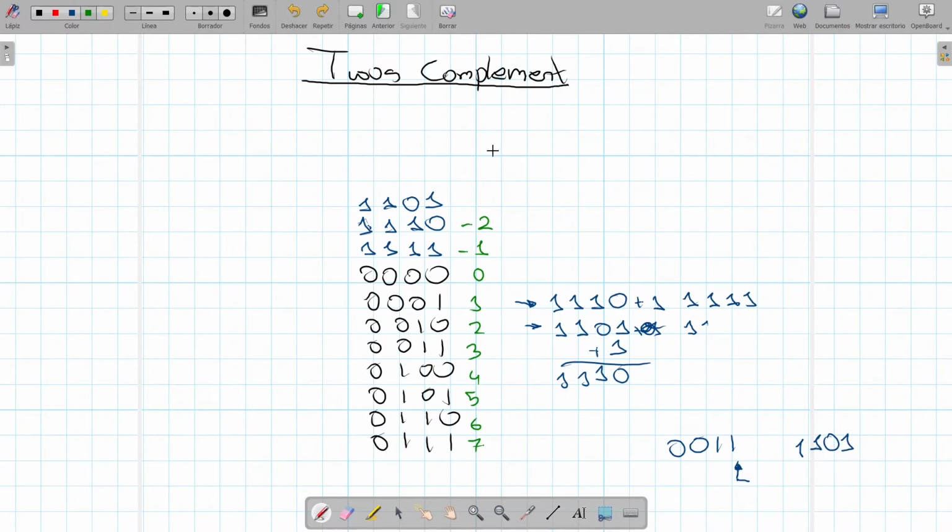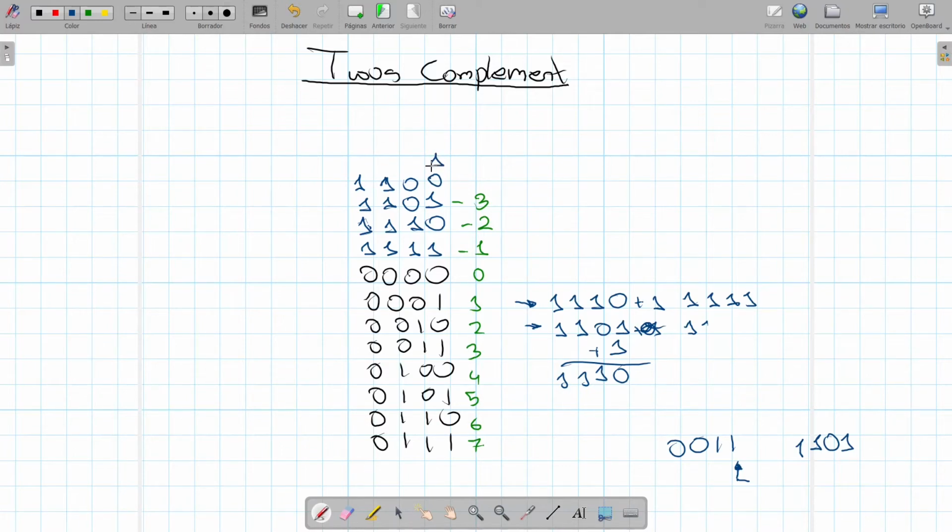Okay, so we can do that with all of them. Follow me. I'm going to do number 4. The first one is in this position. So we're going to keep everything until that position, and then we change the other one. Okay, so we go from right to left until we find the 1, keep everything until we find the 1, and then change everything else. So if we go to 5, the first one is this one here, on the right.